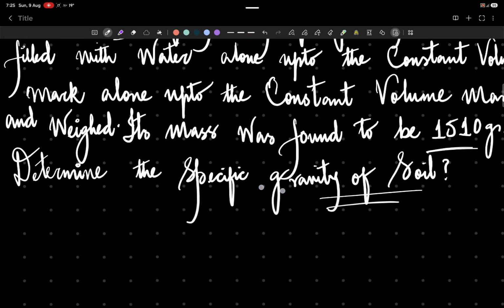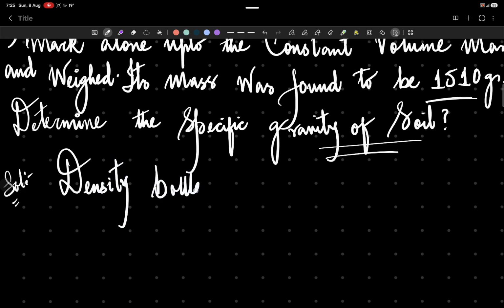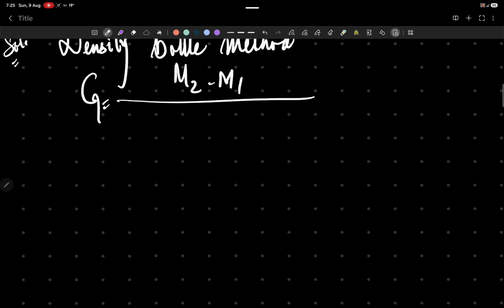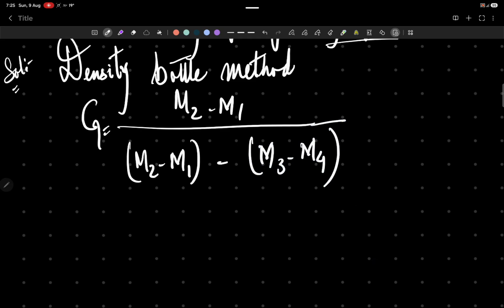And we know that in the density bottle method, G is equal to (M2 minus M1) divided by (M2 minus M1) minus (M3 minus M4). This is the generalized equation for finding the specific gravity using the density bottle method.